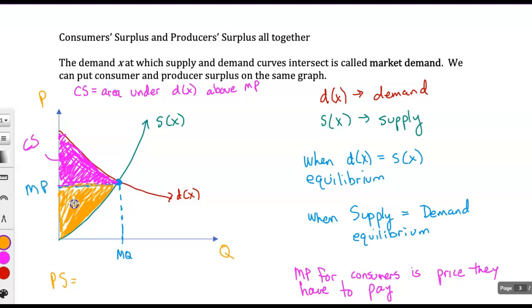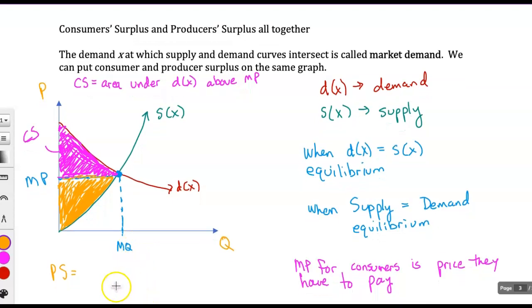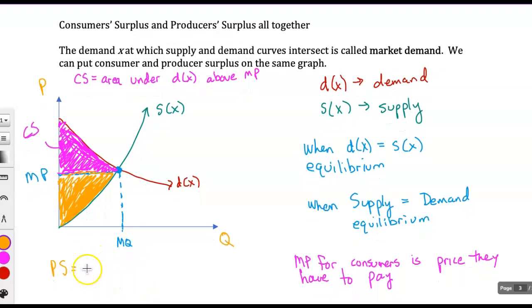So when I was making more money and would have taken less, that's called producer surplus. So producer surplus is the area under the market price, but above the supply curve. Okay, so they're flipped around a little bit.